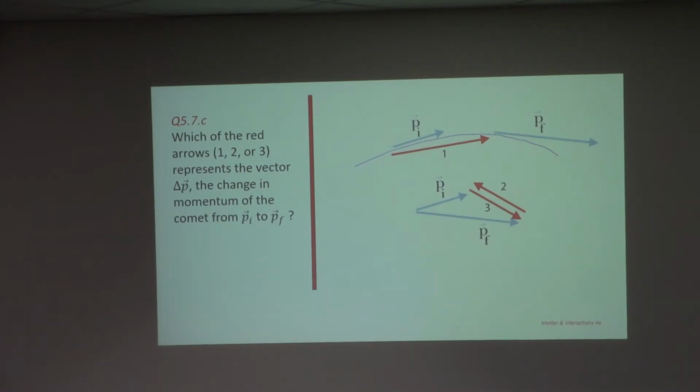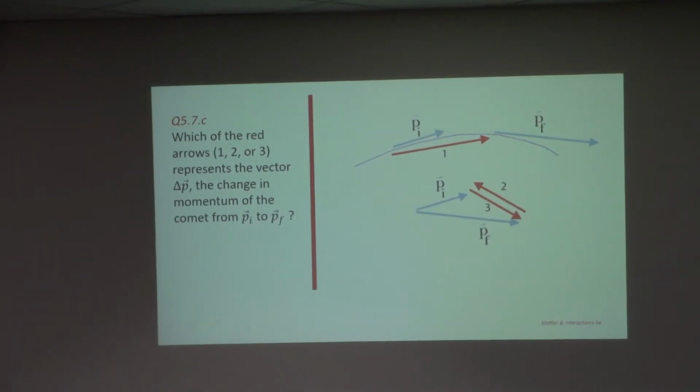So which of these red arrows, 1, 2, or 3, is actually delta p? Fingers? Okay, it is 3. That's correct.